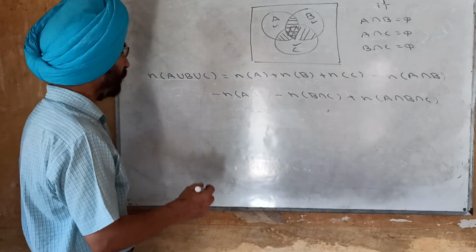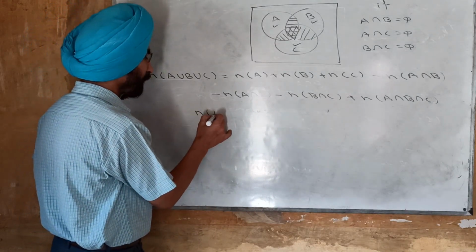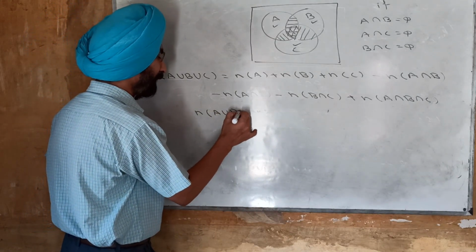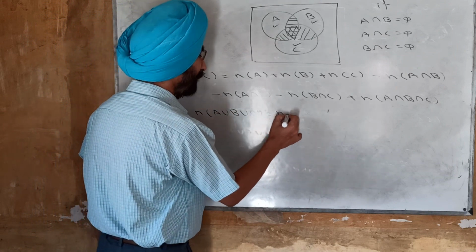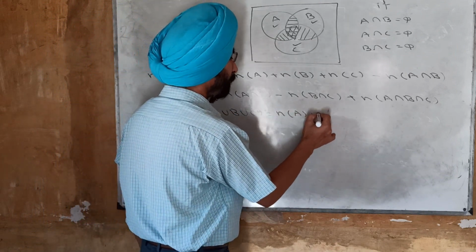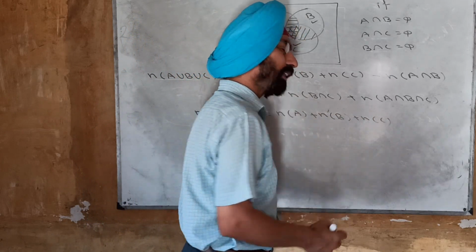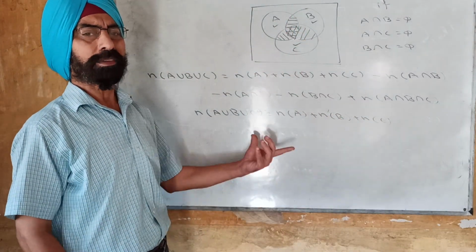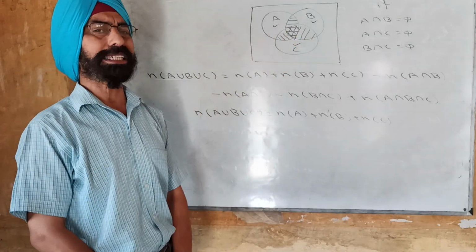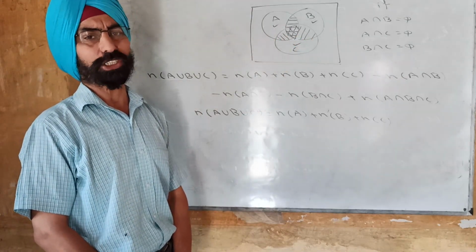Then this formula will be very simple: number of elements in A union B union C is equal to number of elements in A plus number of elements in B plus number of elements in C. So this is the formula when the three sets A, B, C are mutually disjoint.